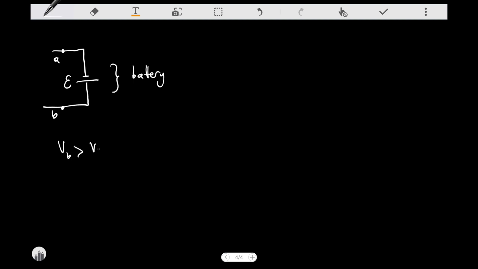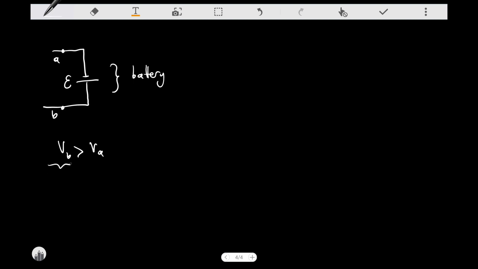How about a battery? I'm going to show it with this symbol, but I'm going to talk about the EMF devices later on. So let me just call this a battery. Let's again choose the polarity of the device like that. If these are points A and B, we know that VB is bigger than VA.